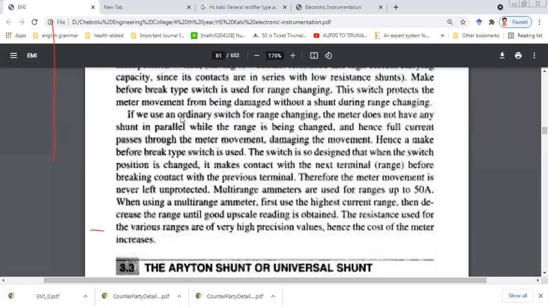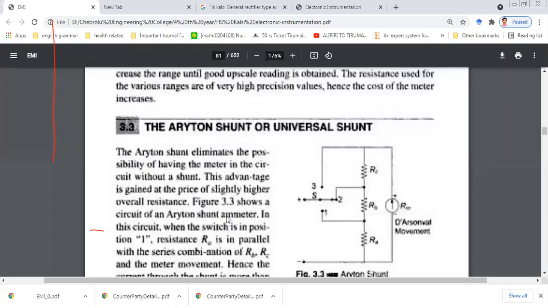If we use an ordinary switch for range changing, the meter does not have any shunt in parallel while the range is being changed. So this is the universal shunt.